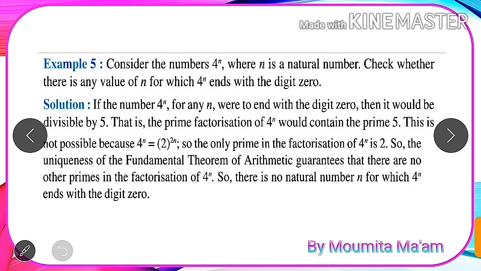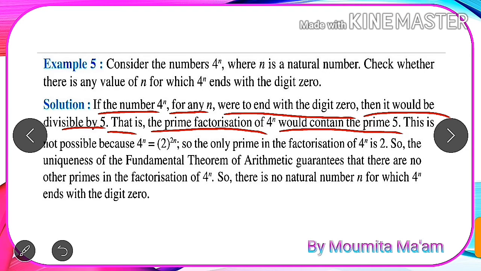Let's see the solution. If the number 4 to the power n for any n were to end with the digit 0, then it would be divisible by 5. That is, the prime factorization of 4 to the power n would contain the prime 5. This is not possible because 4 to the power n equals 2 to the power 2n.